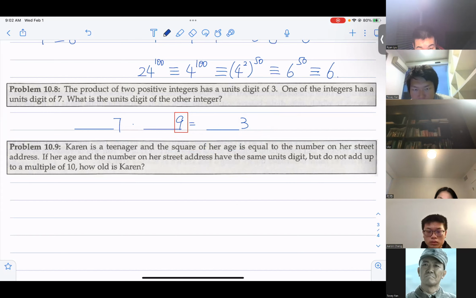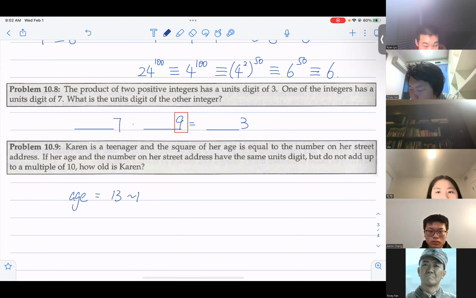Very nice, yes. Okay, so the square of a number has the same unit digit as the number itself. So what can this number be? This is a teenager, right? So her age, since she's a teenager, has to be between 13 and 19. Okay, right?